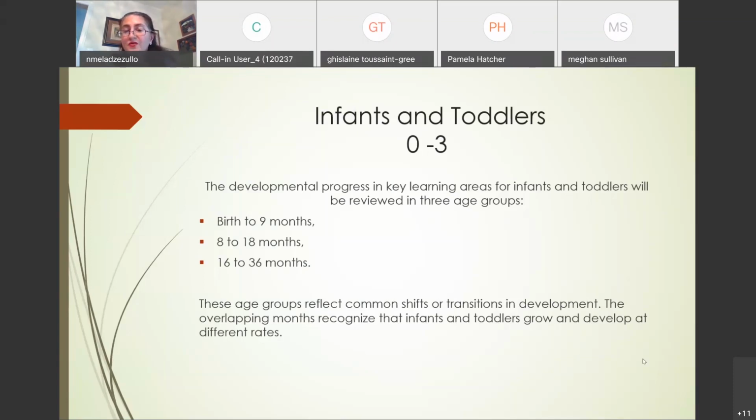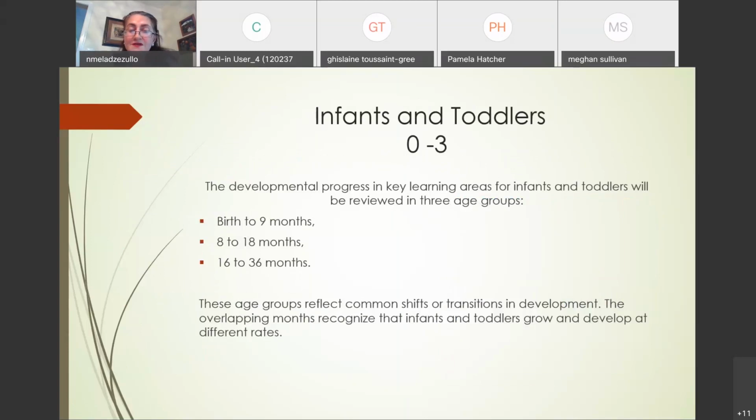As I mentioned before, it's very important that we understand that there are milestones that recommend what a child should be achieving for this age group, but we also have to consider that there are children who achieve those milestones earlier or later.